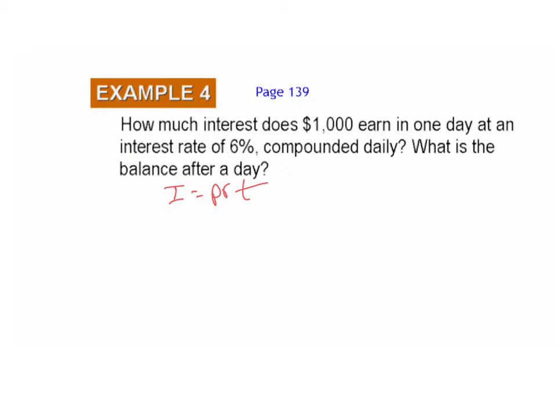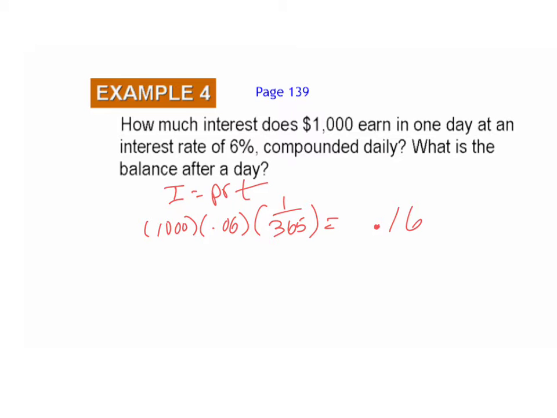Again, I equals PRT, our principal, $1,000. Our interest rate, 0.06. And time is one day out of the year, and there are 365 days in the year. So we plug that in to our calculator, and we come up with 0.16.